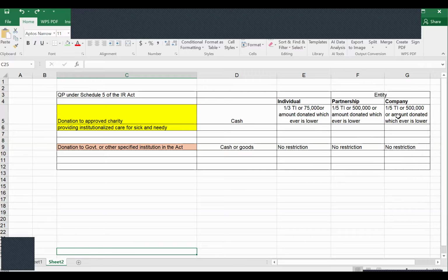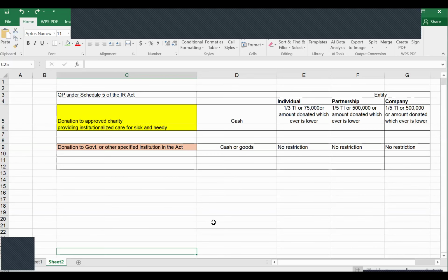If it is a partnership or a company, the same limitation is applicable because it is an entity. For donations to government or any other specified institutions in the act, cash or goods can all be considered, with no restriction. Without any restriction, the total amount can be considered.